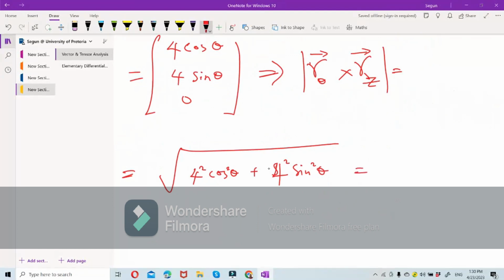So at the end of the day, you have the square root of 4 squared is common. Cos squared theta is here, plus sine squared theta. You did the trigonometry, I believe so. So if you've done that course before, you should know better. The square root of 4 square is what?